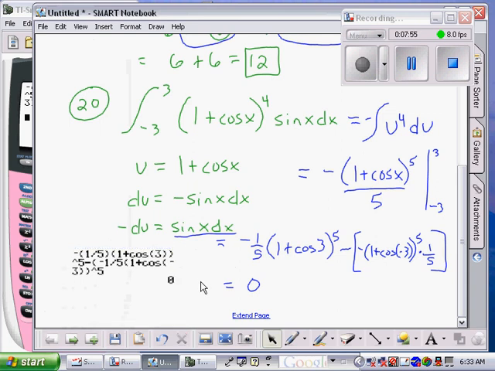Is anybody having calculator problems? Okay, so is everybody good with just regular fundamental theorem of calculus, not the area stuff that we did on Tuesday? We'll do that next. Is everybody okay with that part?